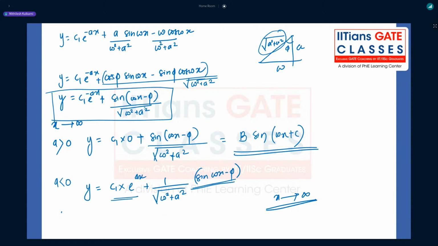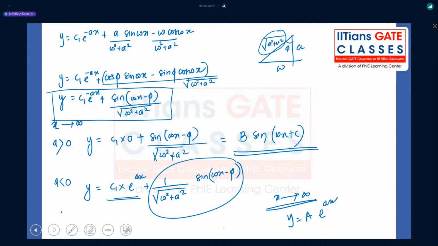This term is always between -1 and +1, because it's a sine term, and again you are dividing it by some term. So ultimately this secondary term will become negligible as x tends to infinity, and the first term takes dominance. So y is equal to some constant, maybe let's say a e to the power ax.